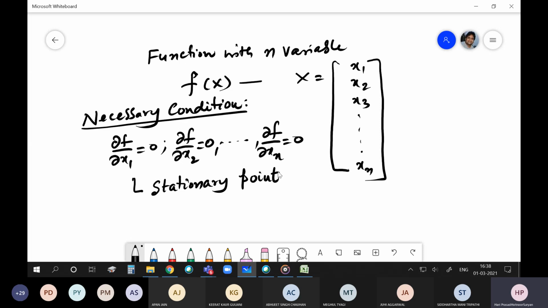It is not sufficient for us to tell with clarity whether it is a local minima or local maxima. So how do we go about finding that out? In a similar way to what we did for the single variable, what should we do?